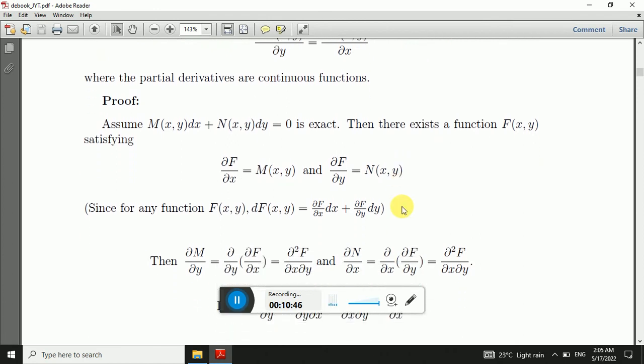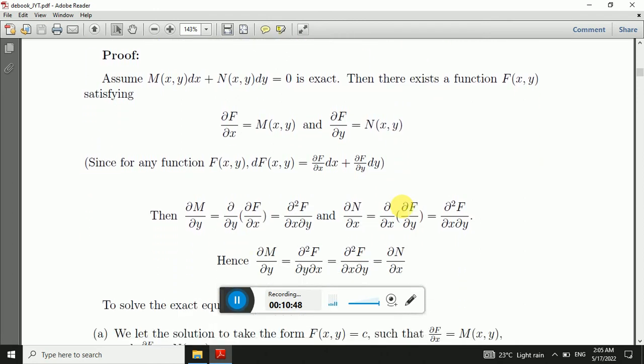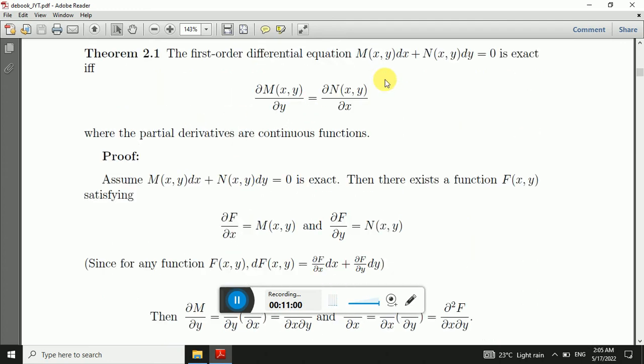I'll briefly go through the proof, then you also go through it step by step and make sure you understand each and every concept. So since we already are showing a first order differential equation of this form, we shall also assume that this equation here is exact.